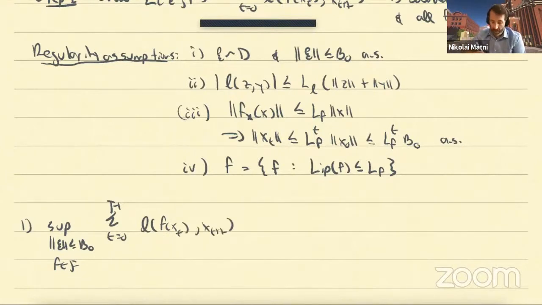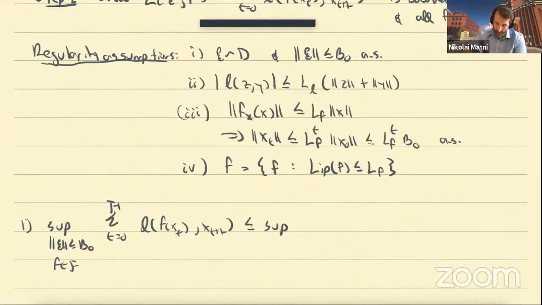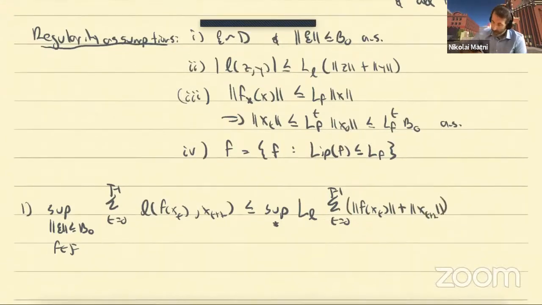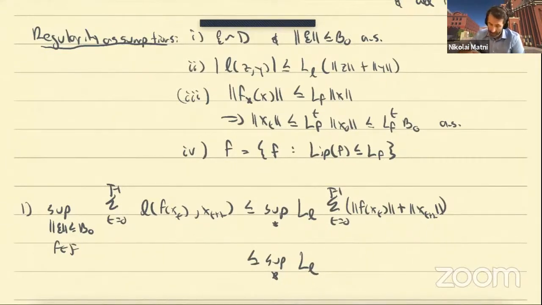First thing I'm going to do is use property 2 to rewrite this as the supremum, and I'm not going to rewrite the arguments, but I can rewrite this the following way. I'm not doing anything particularly clever here. I'm just going through this as crudely as possible, and just applying the Lipschitz property of f for any f in my function class.